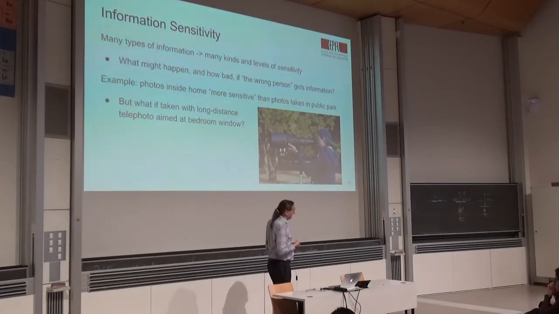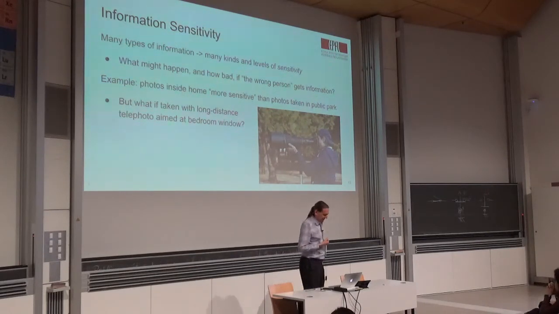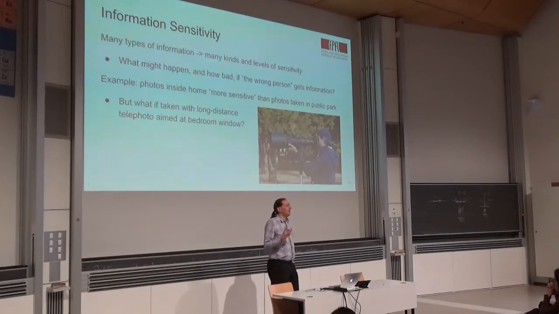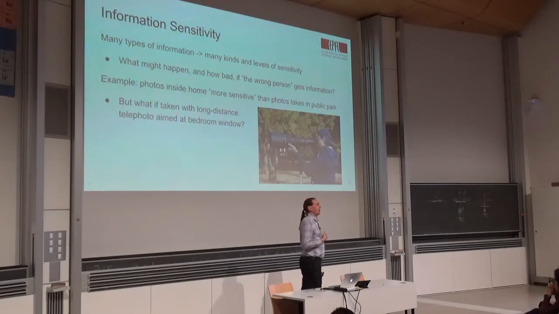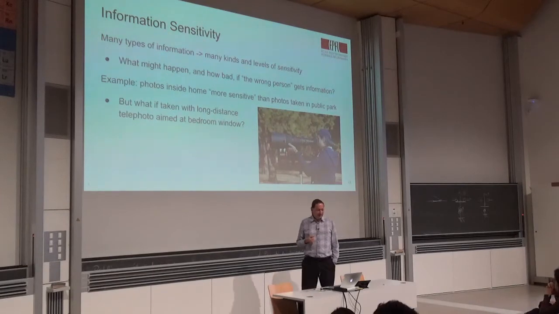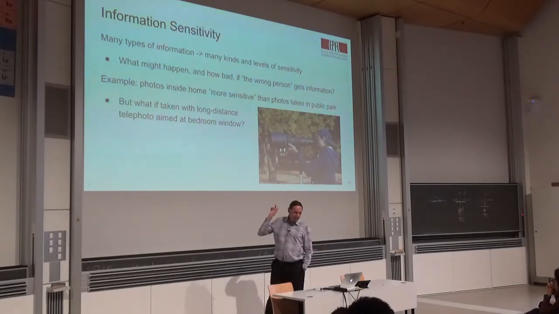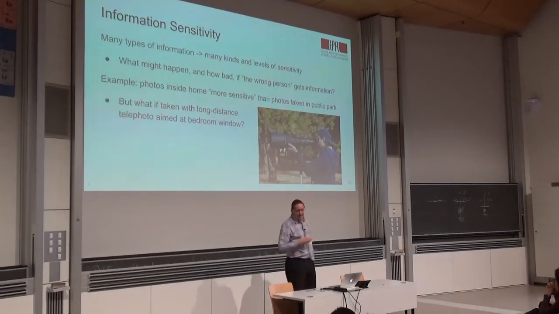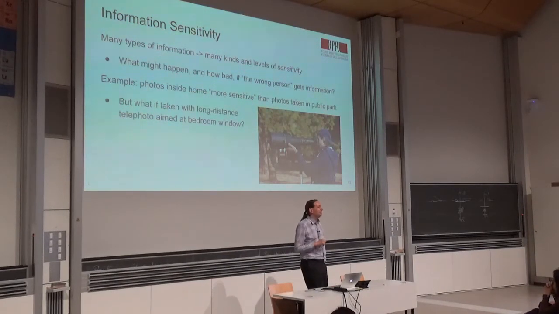One example: in most environments, taking pictures in public is not considered violating anybody's privacy or impinging on sensitive information. But if you've got a really big telephoto lens that reaches right over to that window, then at least the law might think differently, depending on what that imagery is used for.